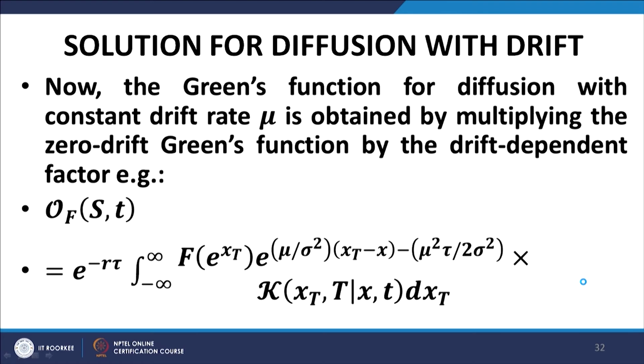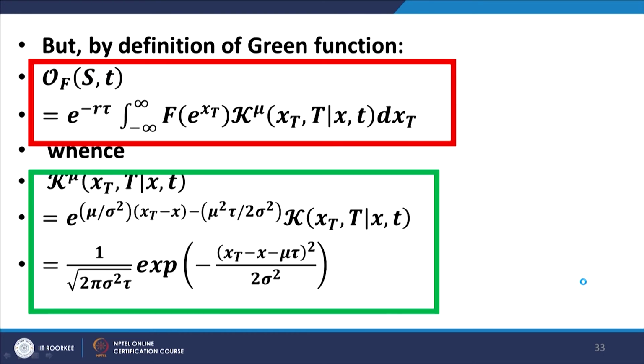And this is easily seen. We have shown that OF is equal to the expression that is there on the right hand side. This is brought forward from earlier. By the definition of Green functions, we can write OF in the form which is given in the red box here.